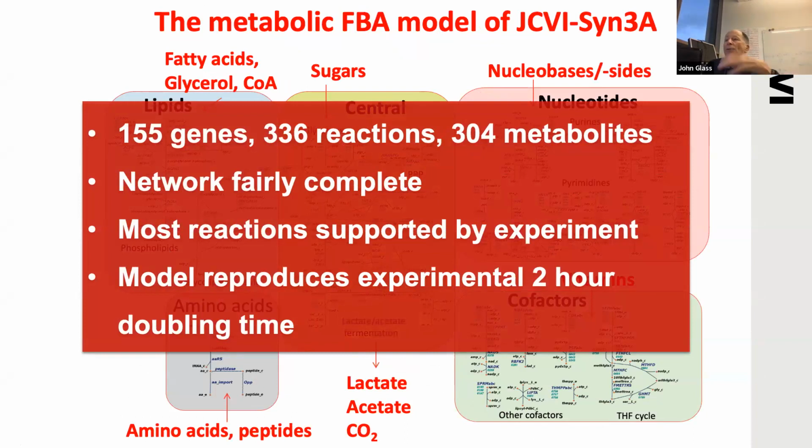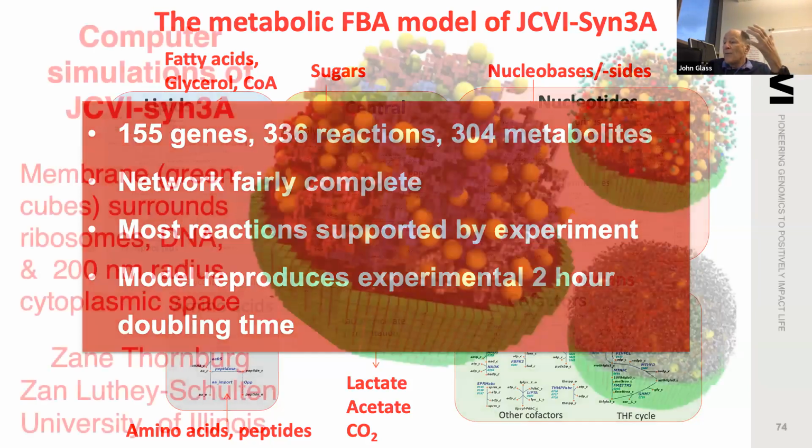And for instance, the ribosome involves 3 ribosomal RNAs and about 60 ribosomal proteins. That just counts as one entity in this model, but we have 336 reactions, all the metabolites that we know of, and the model reproduces the experimental doubling time of the minimal cell.